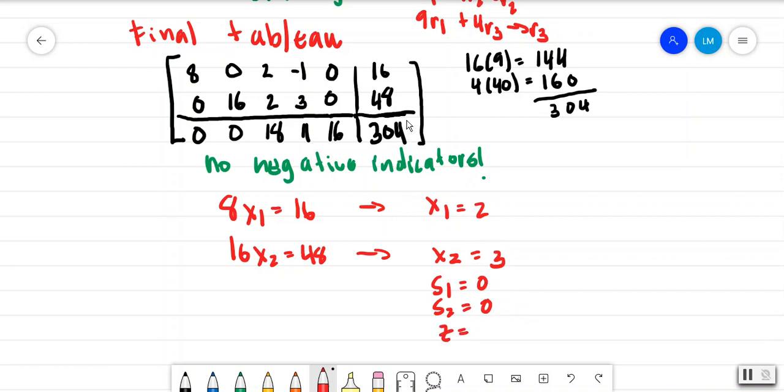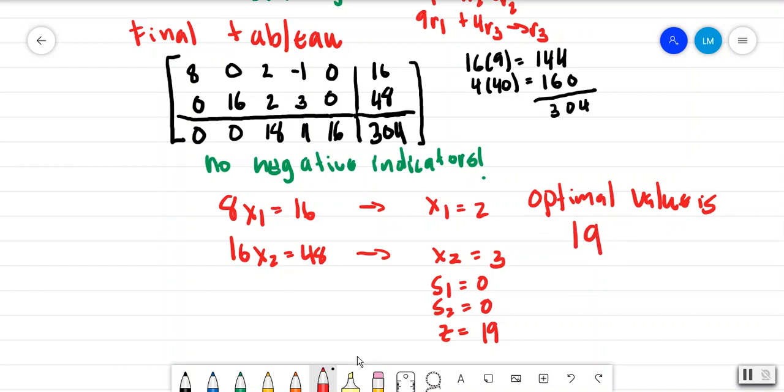And then we have z. This is where I was like, is this correct? But I went ahead and did the division. So 304 divided by 16 is 19. So the solution is that z is the largest value, so we'll say that the optimal value is 19.